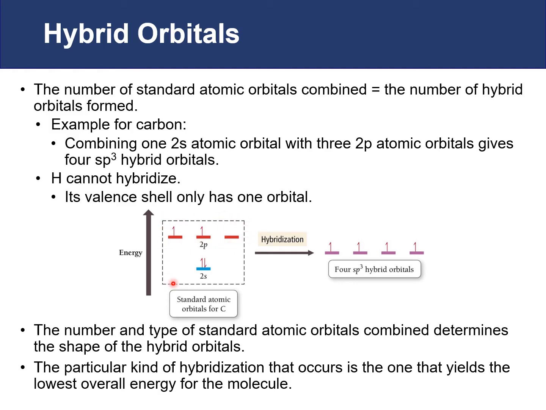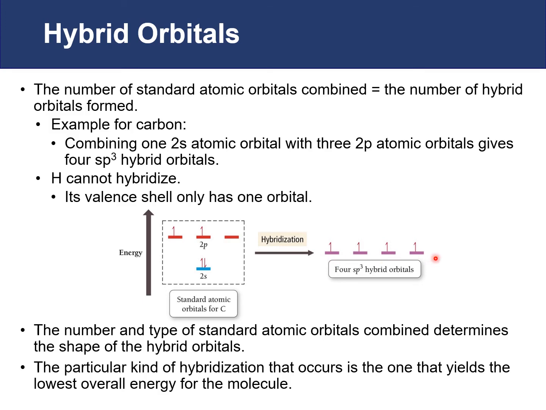When we hybridize them together, because we are adding all the different wave functions together, we end up with the same number of wave functions coming back, but all of those wave functions have the exact same energy. Because they have the same energy, they will follow along with the same rules that we were using when we were filling our electron diagrams.